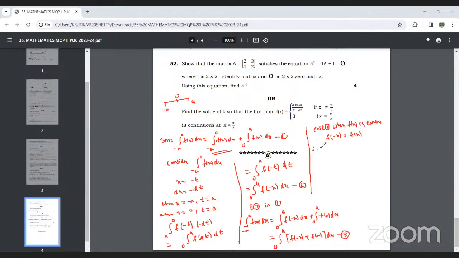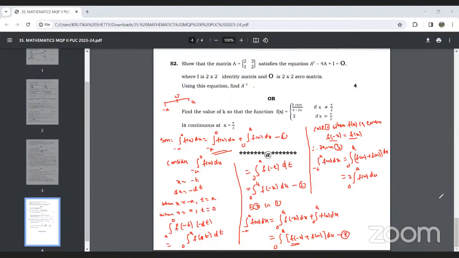Therefore, from equation 3, the integral from minus a to a of f of x dx will be equal to, in place of f of minus x, we are replacing it by f of x. So this will be the integral from 0 to a of f of x plus f of x, and f of x plus f of x is nothing but 2 times f of x, so it will be 2 times the integral from 0 to a of f of x dx. So this is case 1. When the function is even, we are replacing f of minus x by f of x, so we are getting 2 times the integral from 0 to a of f of x dx.